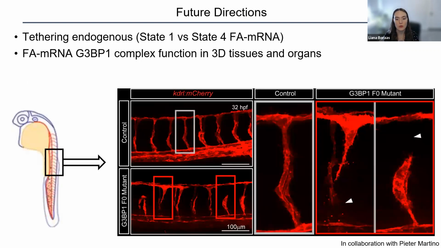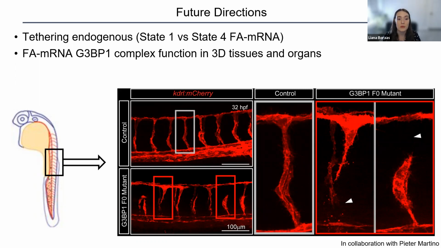I'm also starting to work in zebrafish. Our lab does both zebrafish and cell culture as model systems. Right now, in collaboration with one of the graduate students in the lab, Peter, he and I are working to generate G3BP1 mutants. Our initial data suggests that the focal adhesion G3BP1 complex also regulates cell migration in the vascular system.